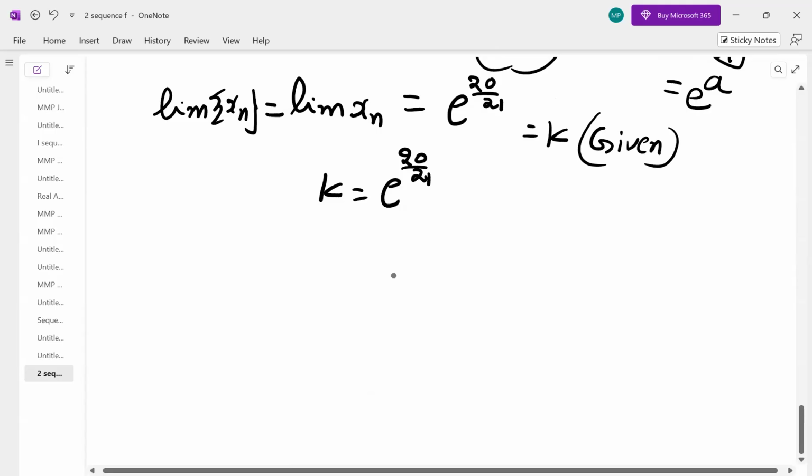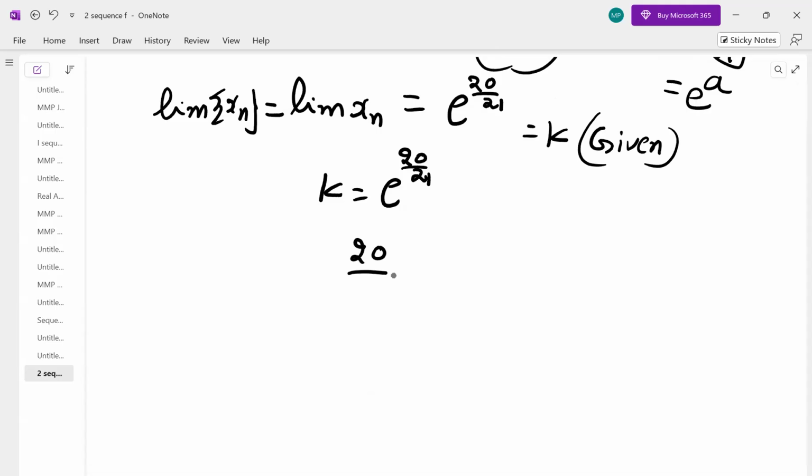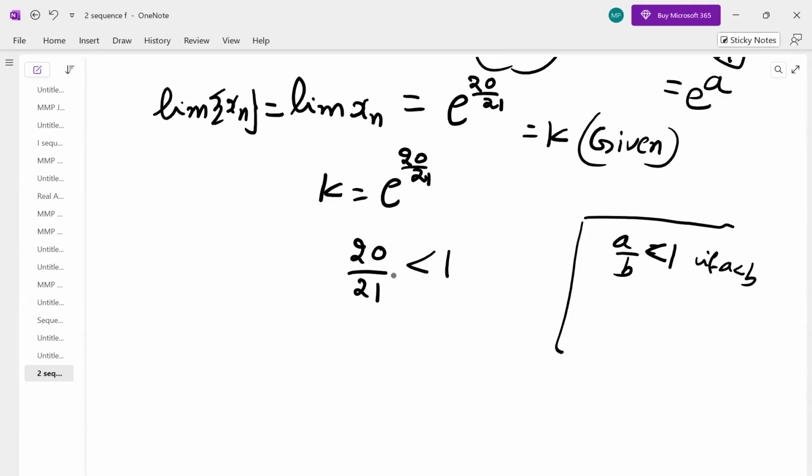We cannot simplify this, so we look at 20 by 21. Numerator less than denominator means it is less than 1. Numerator greater than denominator means greater than 1. Whenever you have a fraction a by b, the general rule is that it is less than 1 if a is less than b, and greater than 1 if a is greater than b.